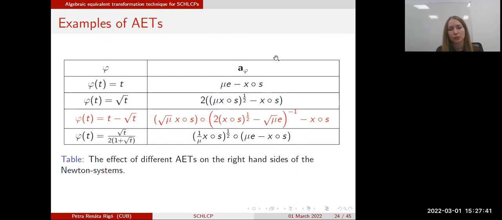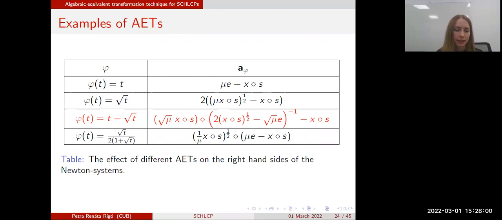The square root function was proposed by Zsolt when he proposed this technique for linear programming problems, and after that it was also used and extended to other types of problems and algorithms as well.